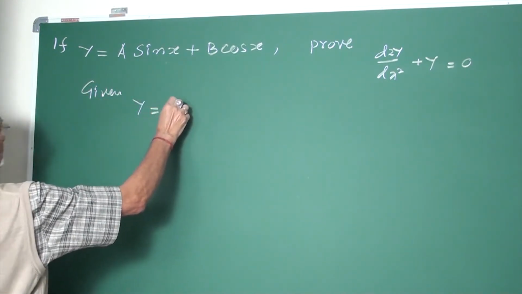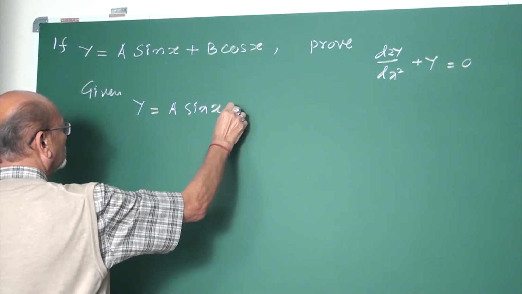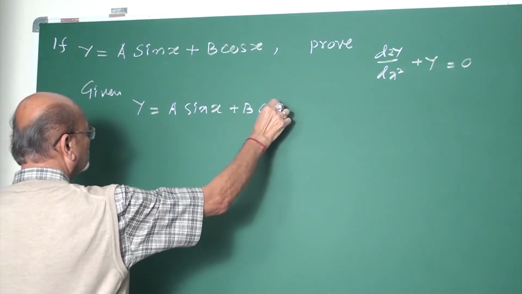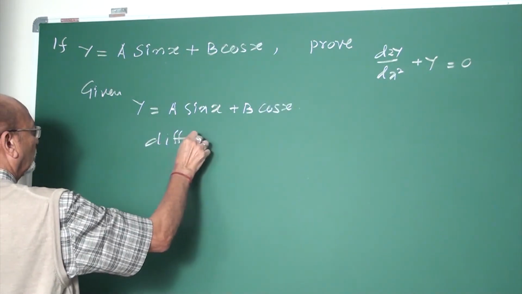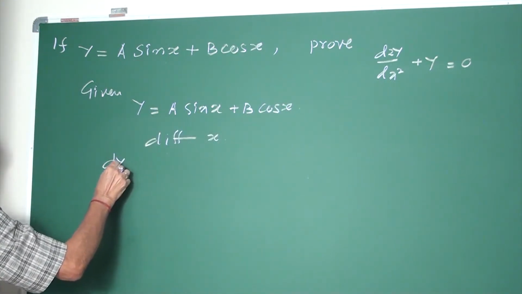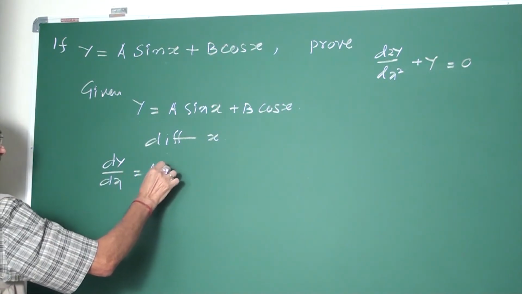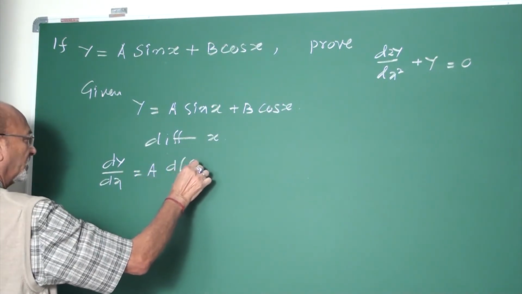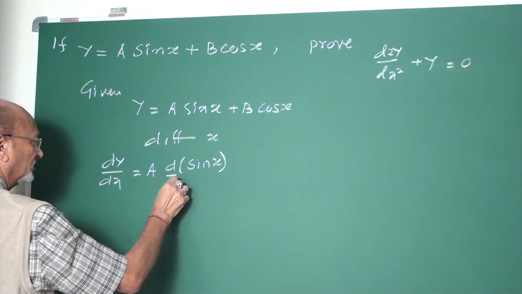Given y equals a sin x plus b cos x. Differentiate with respect to x. The derivative of y is dy by dx. This is a supportive step, my friend. If you like, write it.